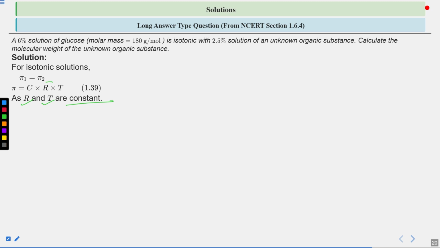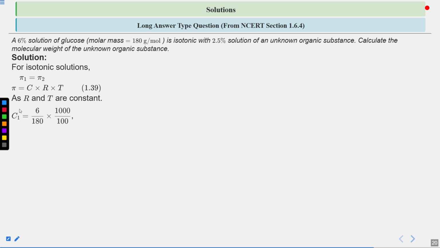R is a gas constant, and temperature is also constant because for the isotonic solution we do the calculation at the given constant temperature. Now only C and Pi remain variable. But as they are isotonic solutions, Pi will be equal, which means the remaining quantity, C, will also be equal.